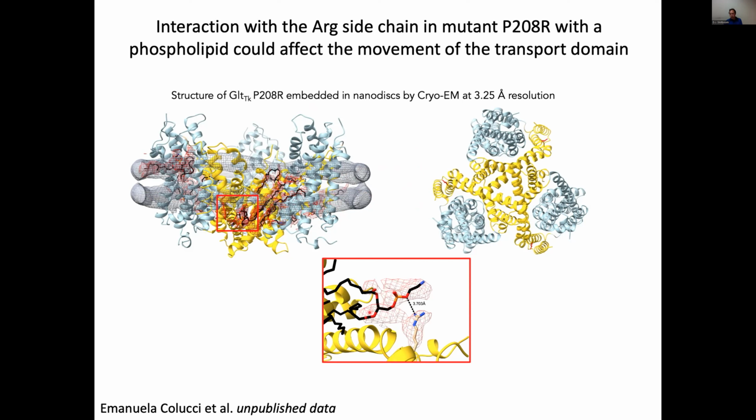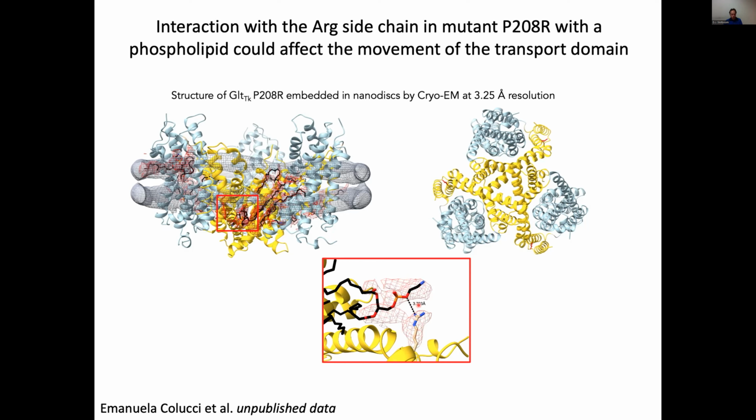And there's one phospholipid that actually forms a salt bridge with the arginine that is introduced at the position of the proline. And what we think is that by binding this phospholipid, it may affect the movement of the transport domain, for which this lipid would have to be dislocated, and it may allow the protein to linger for longer in a particular state that indeed is conductive to anions.